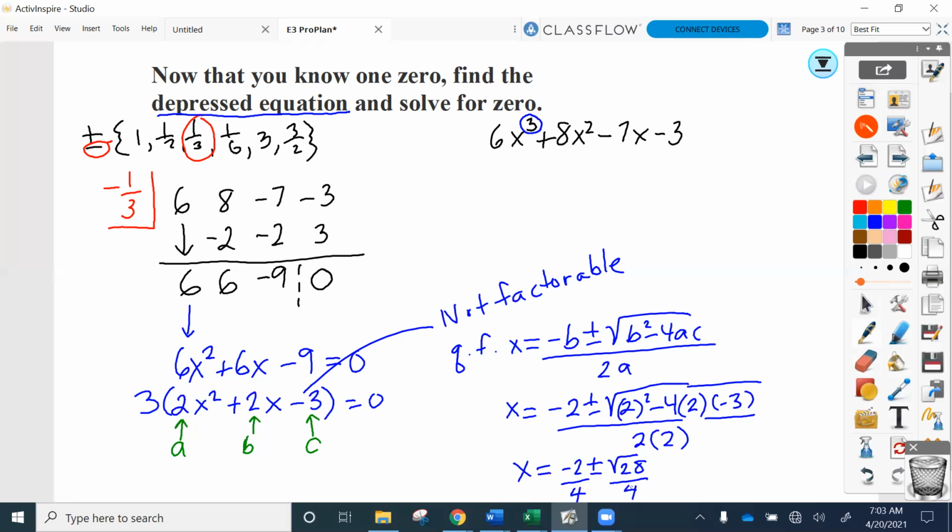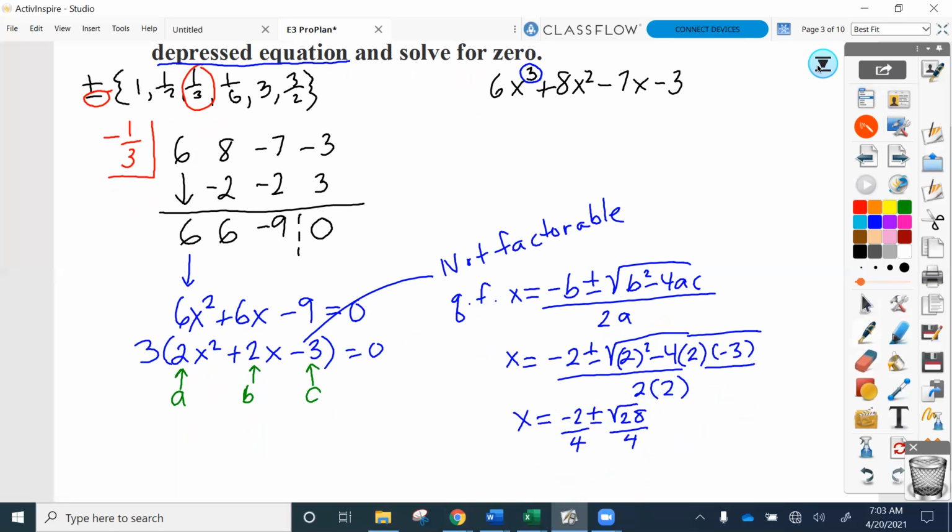So you get that. And then you would just want to reduce that fraction a little bit further. So negative 2/4, same thing as negative 1/2. You could simplify that radical, square root of 28, as the square root of 4 times the square root of 7.